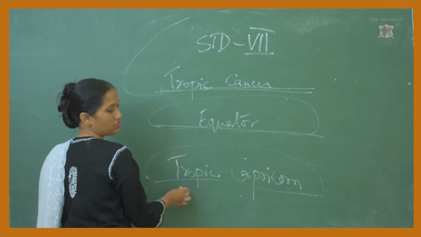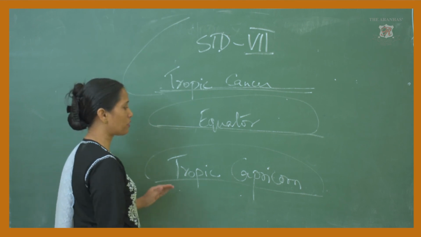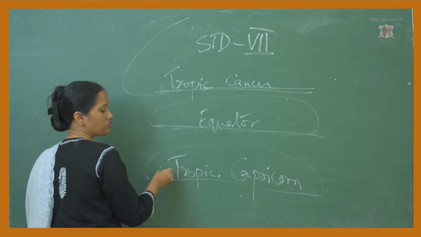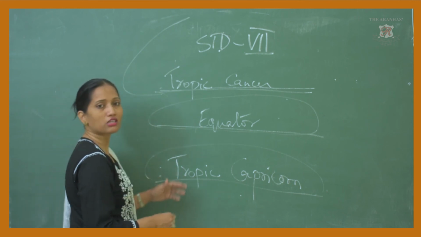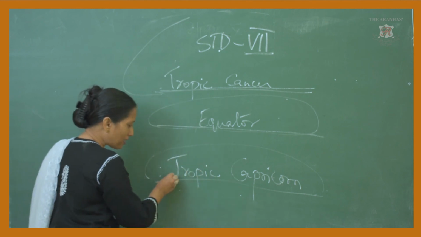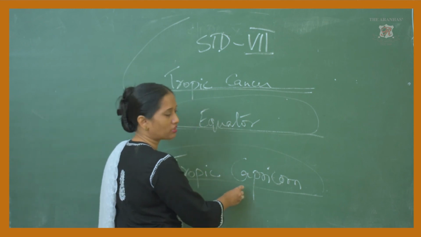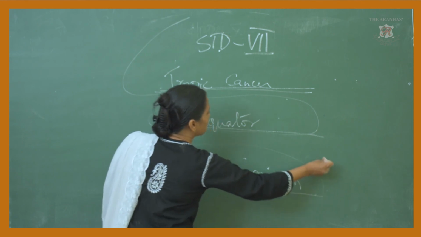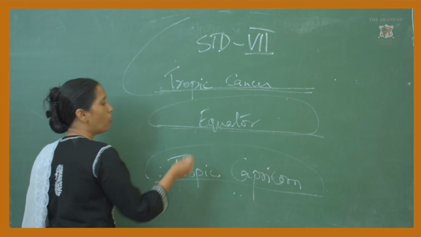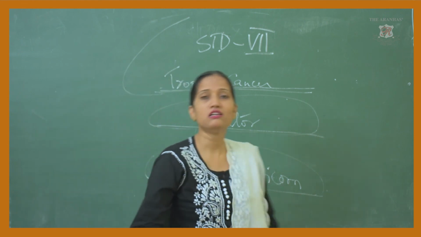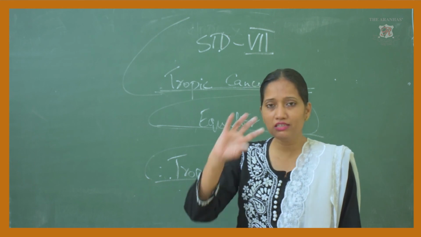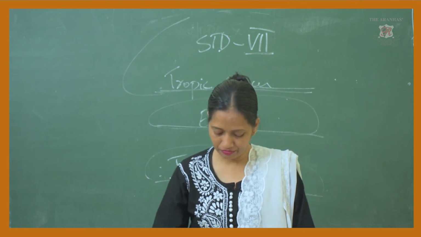And the same is the case with the Tropic of Capricorn: whatever the climatic condition, the sun rays, the rain, the water, the hot, humid climate, wherever this line passes on the other side of the continent also faces the same climatic conditions with a little bit of variation.